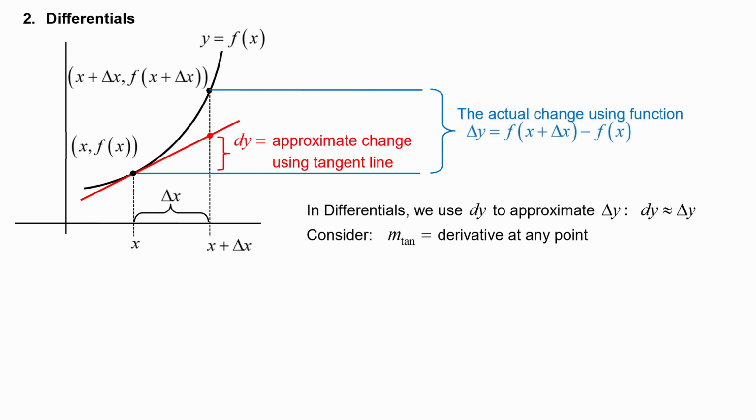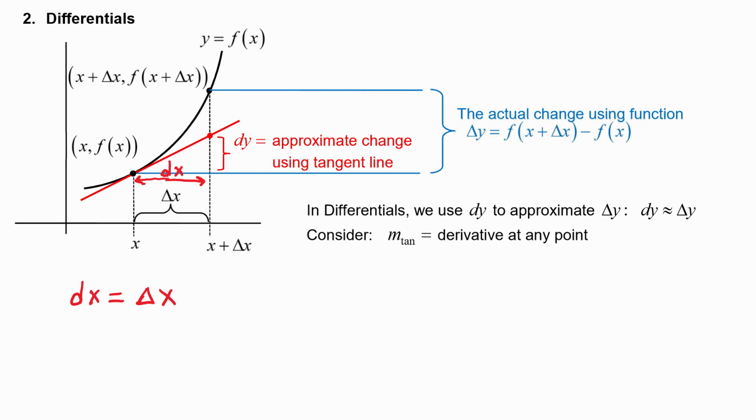Now notice on the tangent line, the x value changes exactly the same amount because we are in control of that. So we call this distance from here to here dx. And you notice that dx is exactly the same as delta x. So the change for x in the function is exactly the same as the change for x in the approximation.